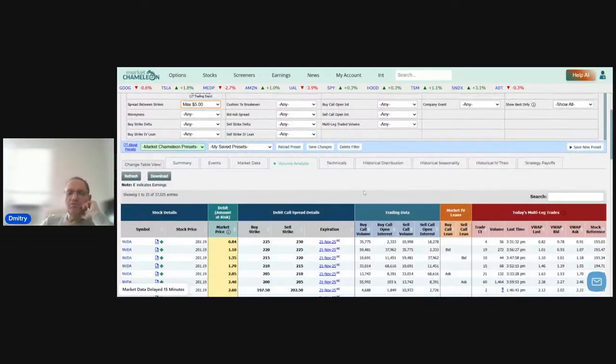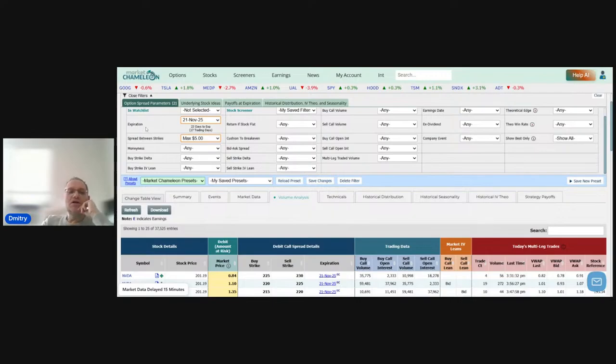Okay. And what I'm going to do first is come up here. And since we're defaulted to the next monthly expiration, I'm going to drop this down. And let's look at expirations that expire within the next 30 days. So this is going to expand our potential combinations, because now we're not only looking at one expiration, but any expiration available to trade within the next 30 days.